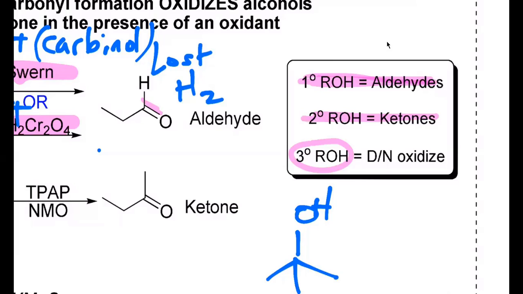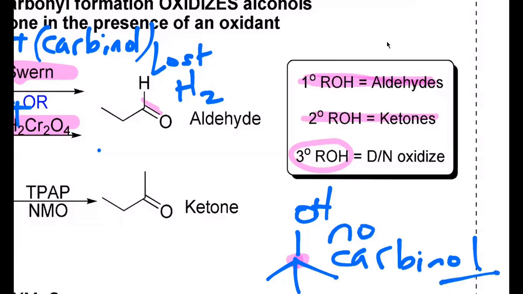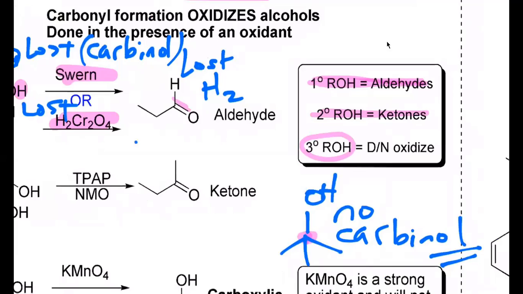You have no carbinol hydrogen here to remove. So there's no proton there, so you can't remove it, so you can't oxidize it. All right. Any questions about anything? Go ahead and ask. Now it's Friday.